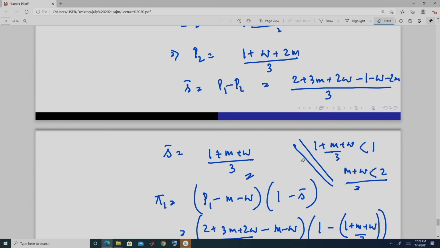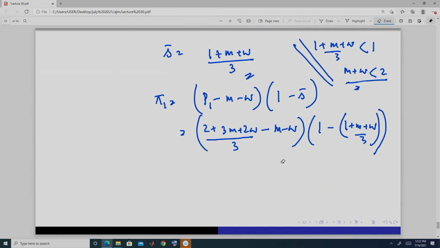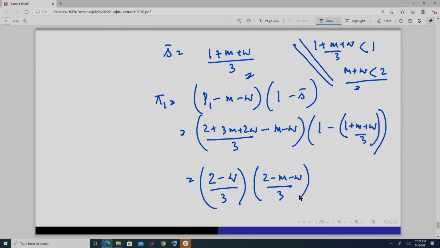This condition needs to be satisfied. Now, solving this we get this is the profit of firm 1.